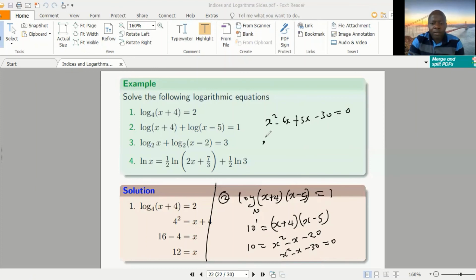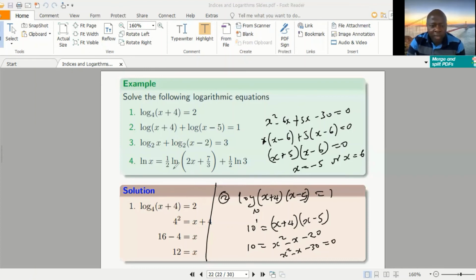And so x will go here. x minus 6 plus 5 into x minus 6 is equal to 0. x plus 5, x minus 6 is 0. So x is negative 5 or x is 6.